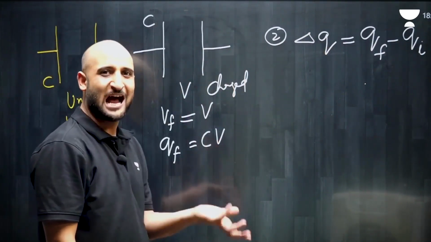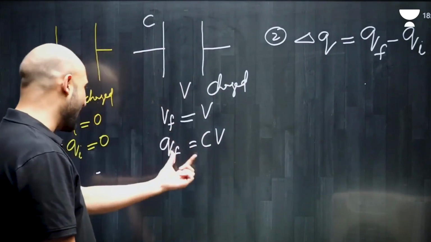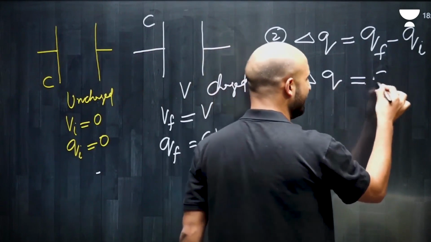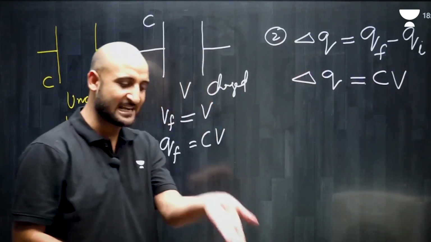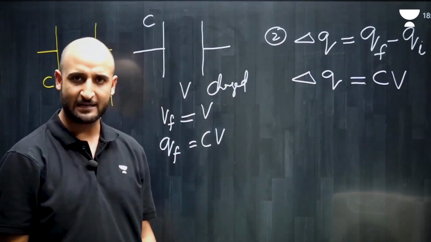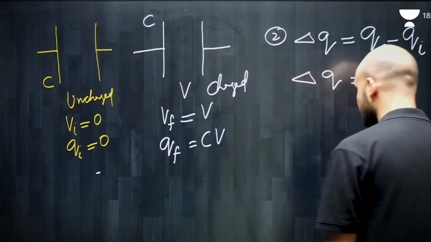So delta Q is equal to CV. That is the amount of charge that flows through the battery. That's your part number 2.